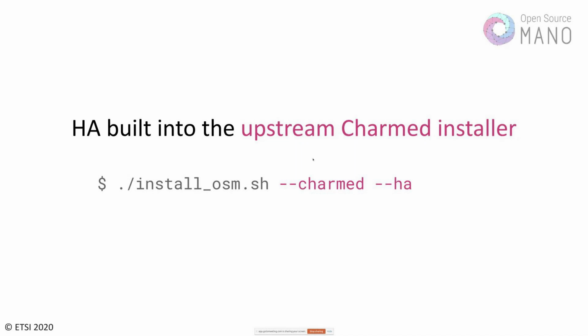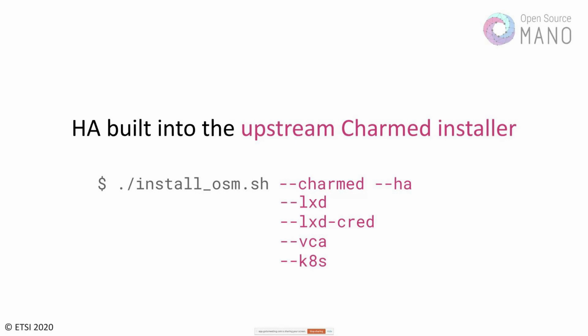In a production environment, it makes sense that OSM uses already existing infrastructure. So for that, we will need to provide the credentials of the clusters we want to use. We have --lxd to tell OSM where the LXD cluster is located, and in the LXD cluster is where the proxy charms will be deployed.